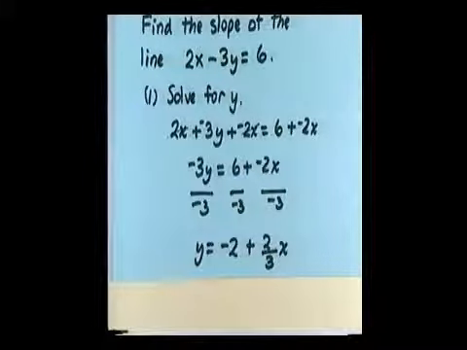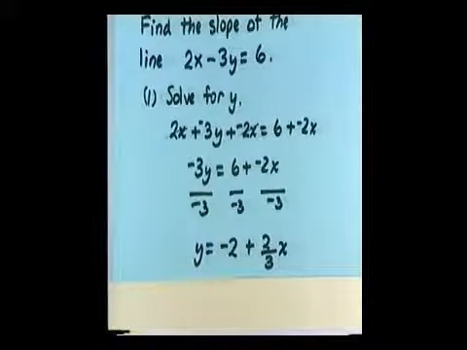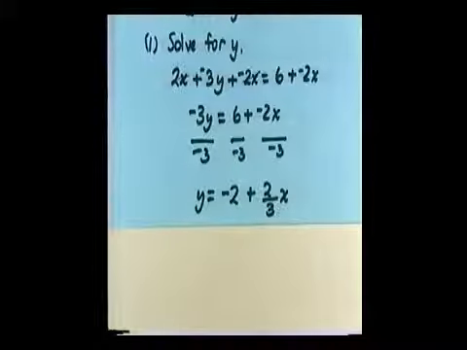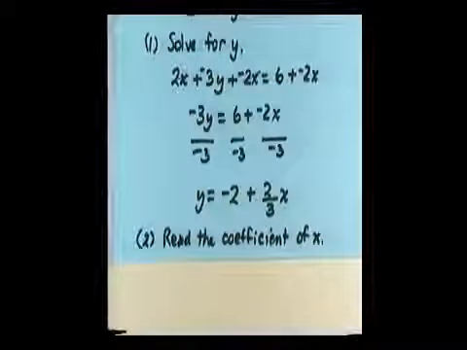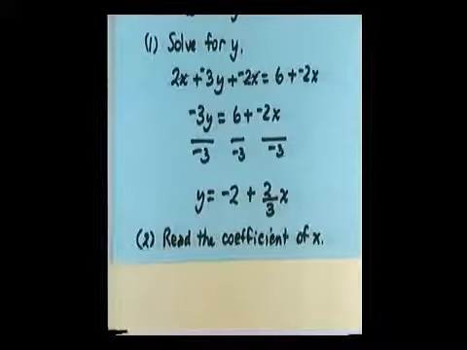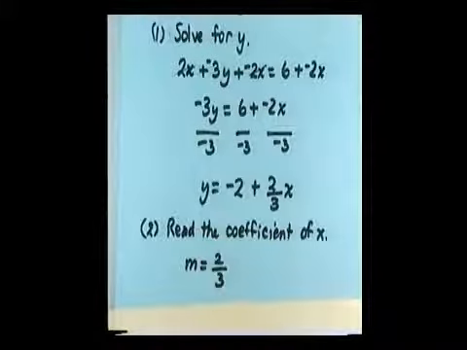That gives y is equal to negative 2 plus 2/3 x. Well, we've done the first step, which is to solve for y. The second step is read the coefficient of x. Well, the x term is written at the end in this form. The coefficient of x is 2/3. That means the slope is 2/3.